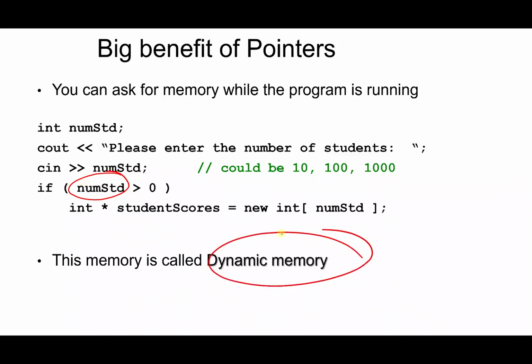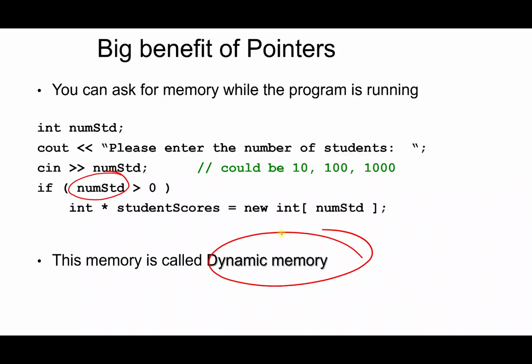The dynamic memory. So, you used to have arrays that are fixed, right? Today, we are going to see that we can have dynamic arrays, which means that I can ask for the size of the array at runtime from the user.